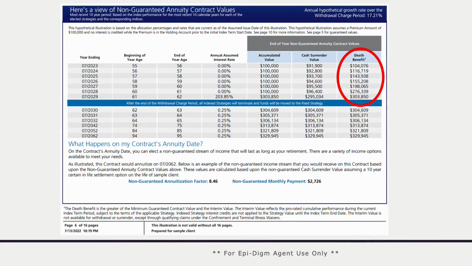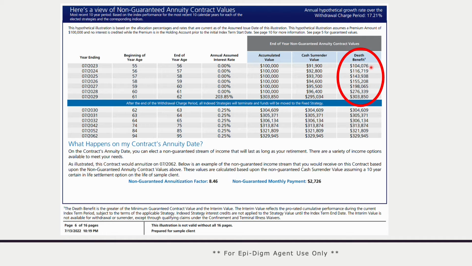Can you ever get the money during that 7 years? There's one way to get to that interest during that 7 years: when you die. When the client dies in the second year, after the second year anniversary, even though the account value is 100,000 and the cash surrender value is 92.8, the family member will receive that 2-year gain, which is 116,719.